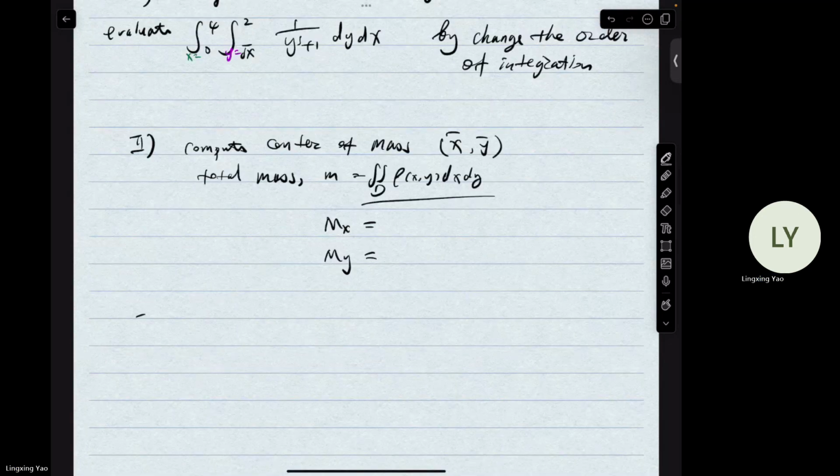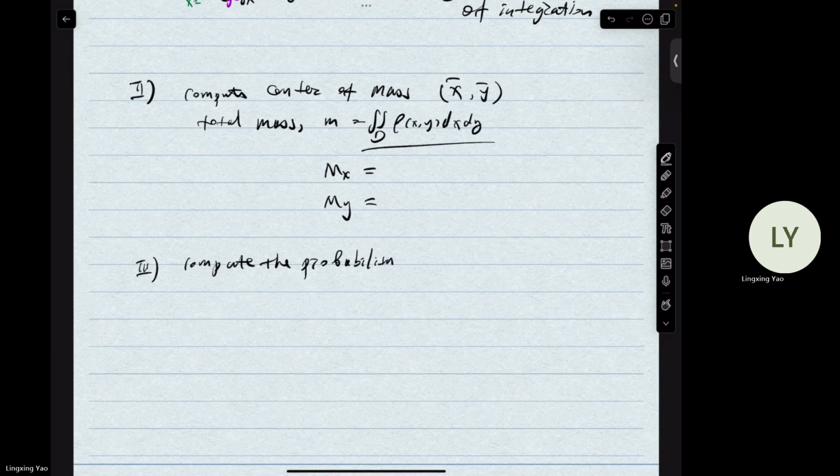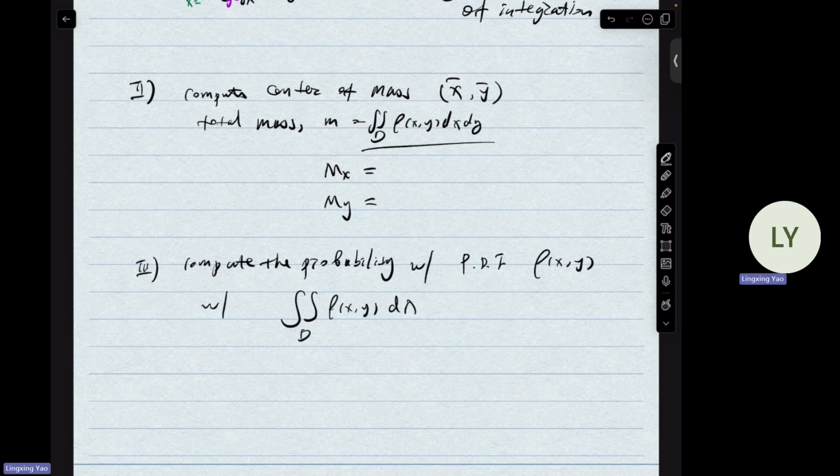Also, similar to this, we need to know how to compute the probability by using the double integral with the probability density function rho of xy, where the integral of rho over the domain D is 1 and rho of xy is non-negative.